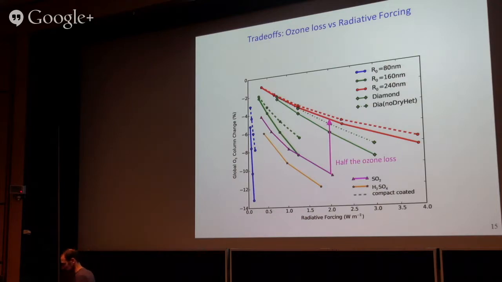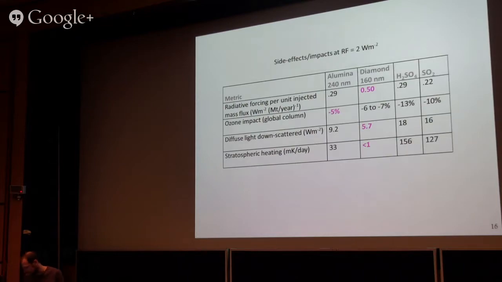There are lots of uncertainties. That gives you a sense of why we're after this. So looking across all these measures, for ozone loss we can get something like half or even a little bit better than half. And as I said, there may be ways to do substantially better than that still, but that's where we are with our thinking now.